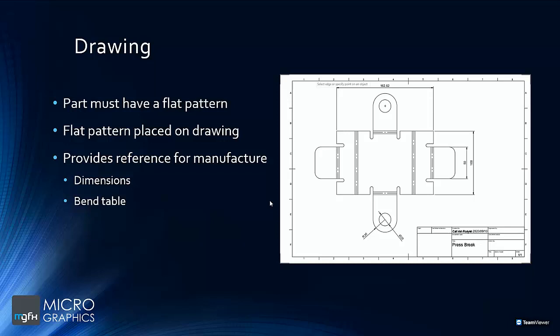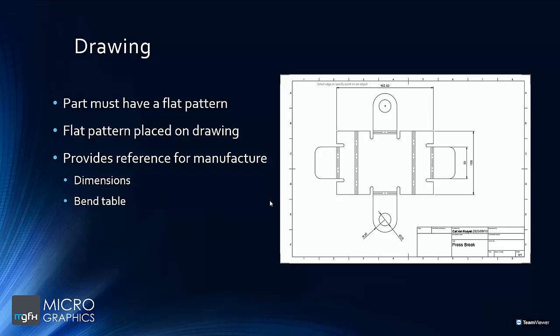Over and above creating flat patterns, you're able to take that flat pattern and place it down onto a working drawing. We see here on the right-hand side a drawing with the flat pattern of the component I bent up earlier, and that flat pattern has dimensioning.